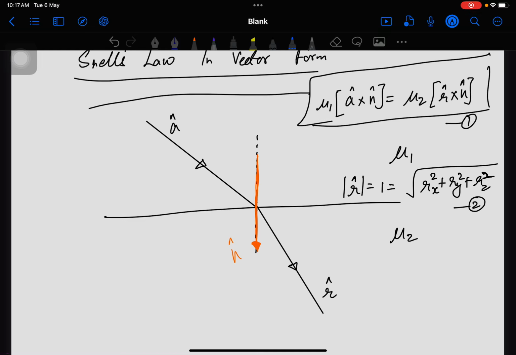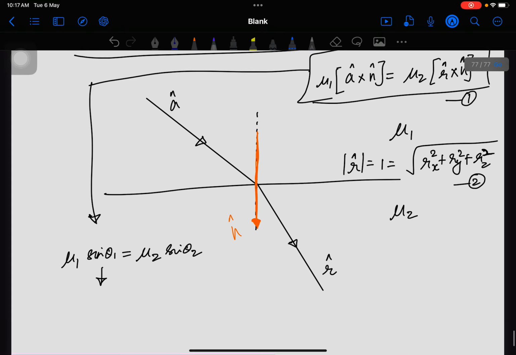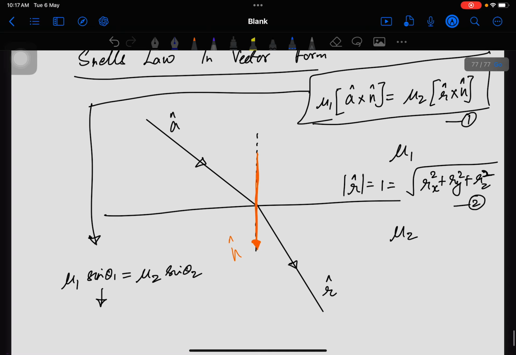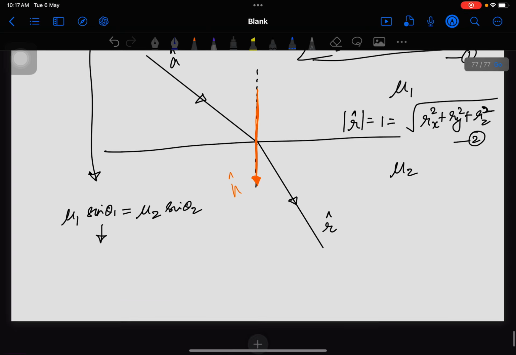Now you may ask why this is true. It is true because Snell's law goes this way: mu1 times sine of theta 1 is equal to mu2 multiplied by sine of theta 2. The sine of the angle between these two vector quantities is given by the magnitude of the cross product between a cap and n cap.